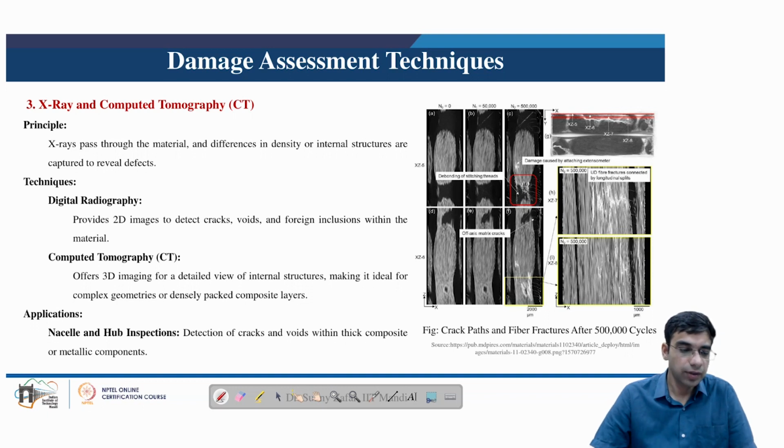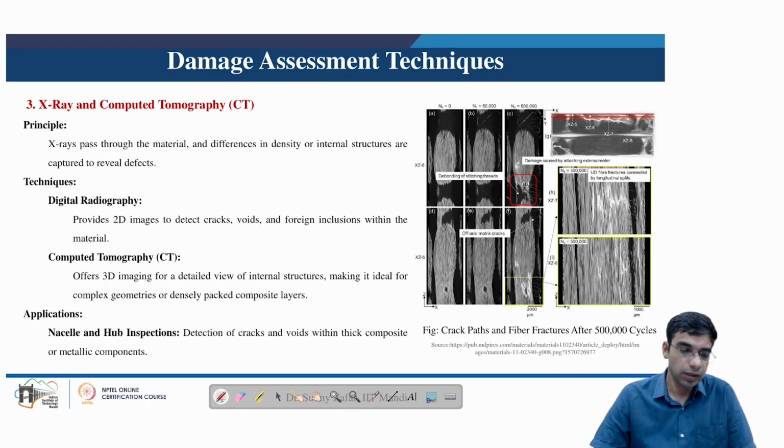Digital radiography involves the use of two-dimensional images to detect cracks, voids and foreign inclusions within the material. On the other hand, computed tomography offers three-dimensional imaging with a detailed view of internal structures, making it ideal for complex geometries and densely packed composite layers.